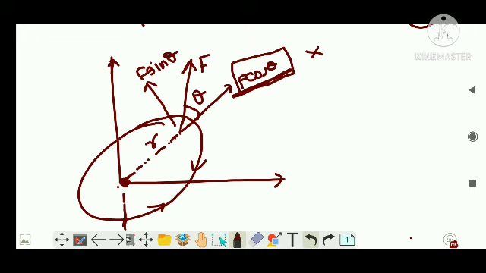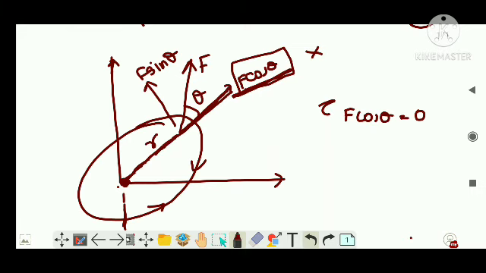So what is the specialty of F cos theta? F cos theta is passing through the axis of rotation. So torque due to F cos theta is what? 0, since the F cos theta component is actually along R, right?